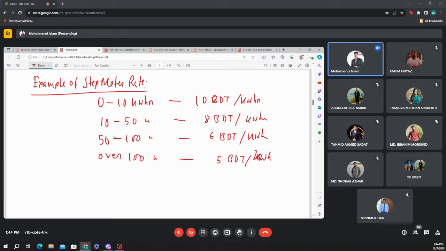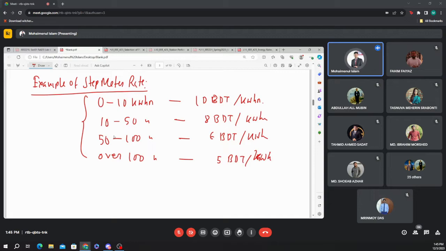Okay, so that is the pricing. It is provided from the supplier end. So you need to design the rate.